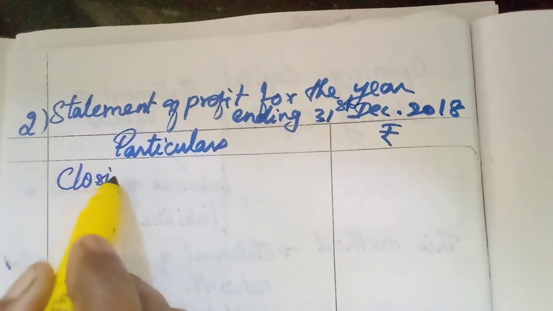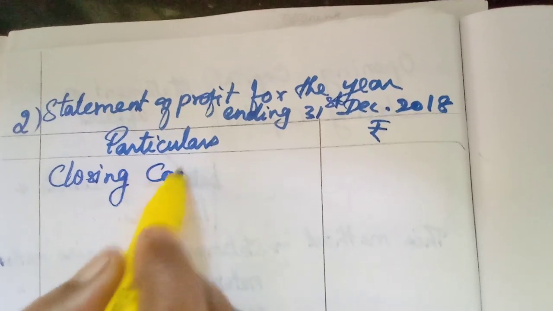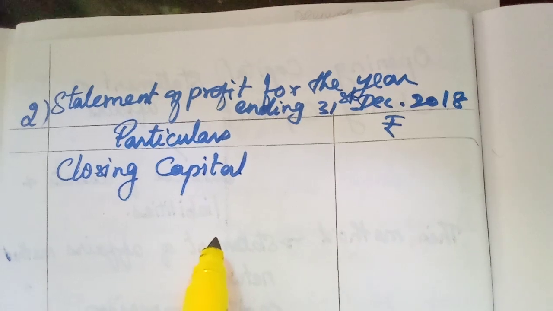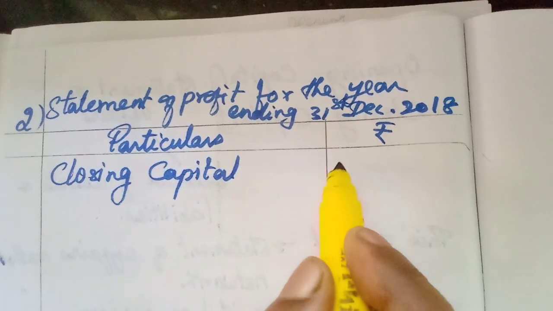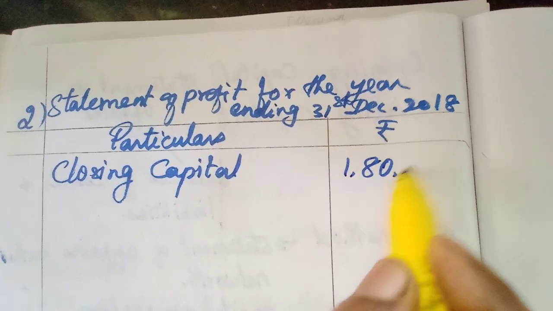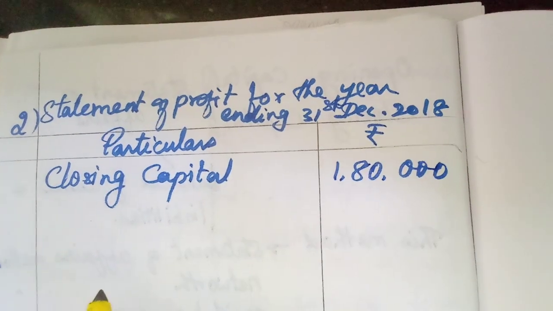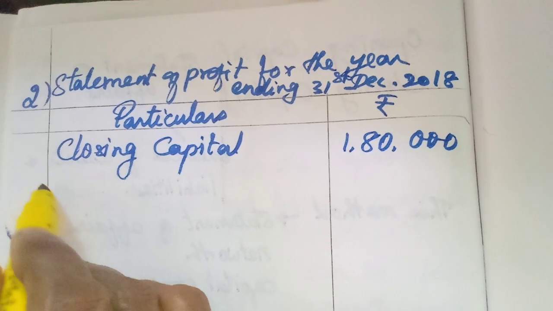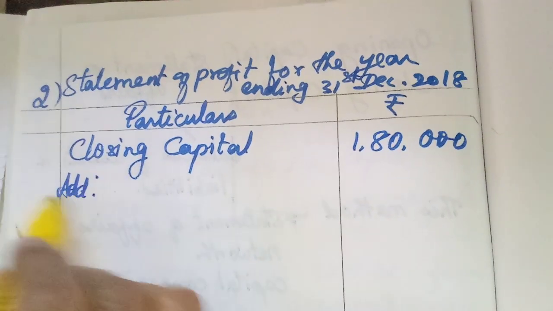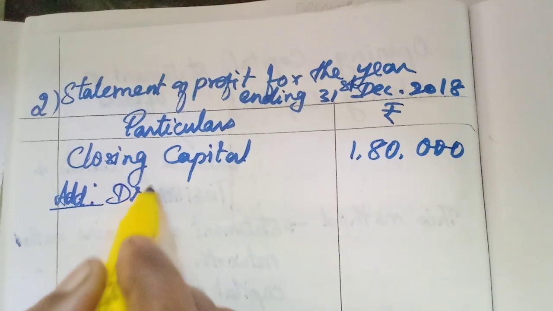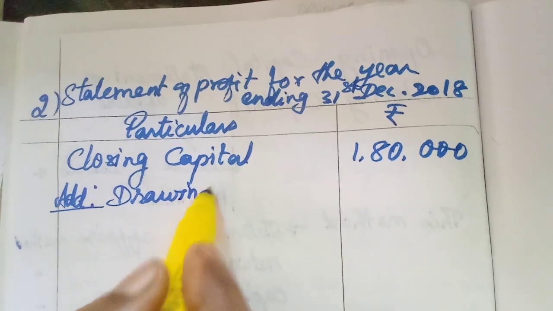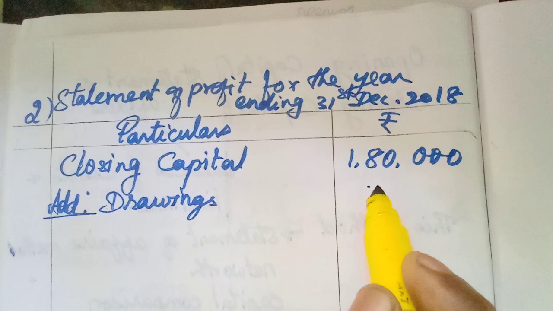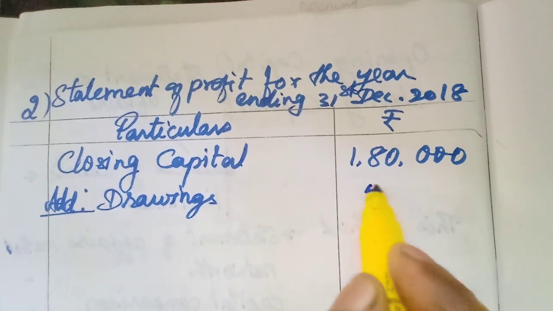First, closing capital. Closing capital as on 31st December is 1,80,000. Write the amount clearly. Then add drawings, 50,000.